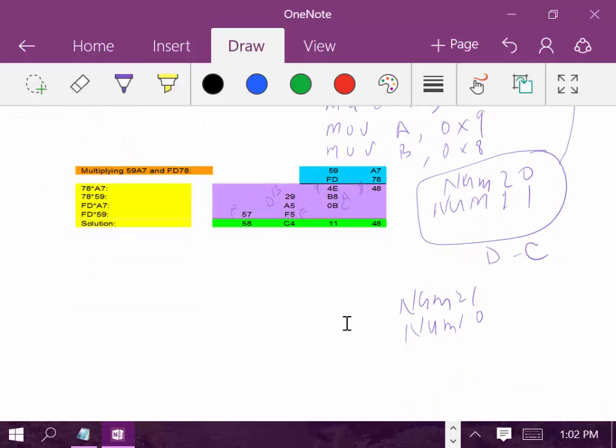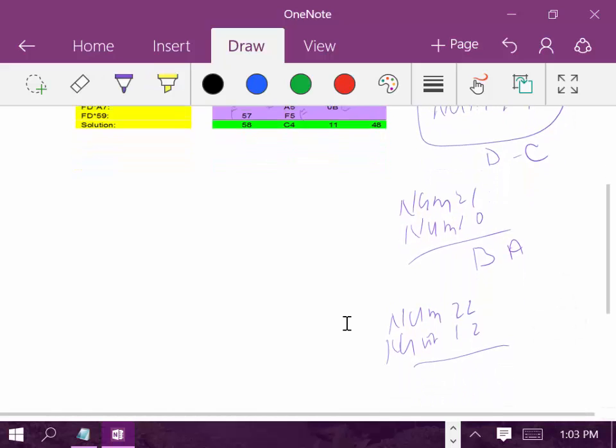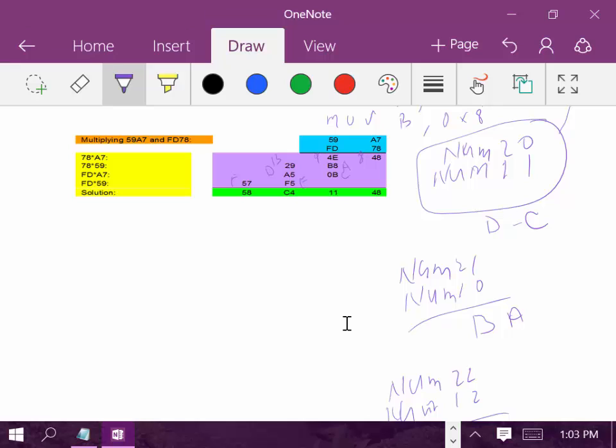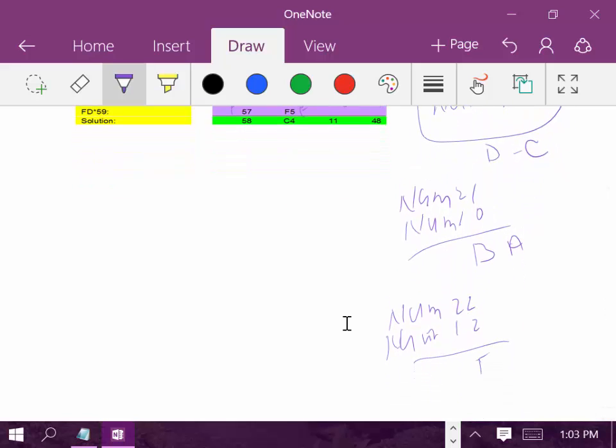And we're going to store those in B and A. And then our next numbers to multiply are num22 and num12, and we're going to store those in F and E. Actually, I got these 2 reversed, but those 2 don't matter, if we're going down that order.